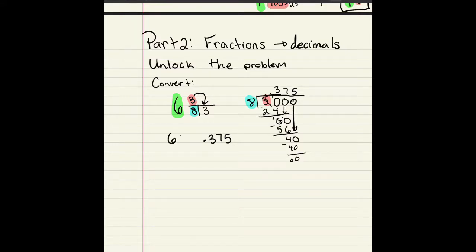So now we need to add 6 plus 0.375. And let me just illustrate to you how this would look. So if we added 6 plus 0.375, we'd have to add our zeros.